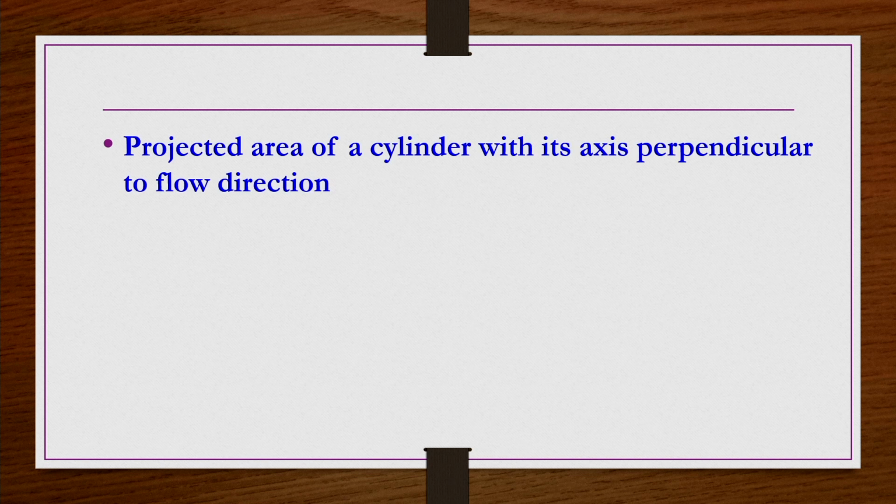Now, what we do? We take another case, projected area of a cylinder with its axis perpendicular to flow direction. So, you take it as a kind of cylindrical particle. Now, in this direction the fluid is coming. Let us assume you are seeing from the screen.